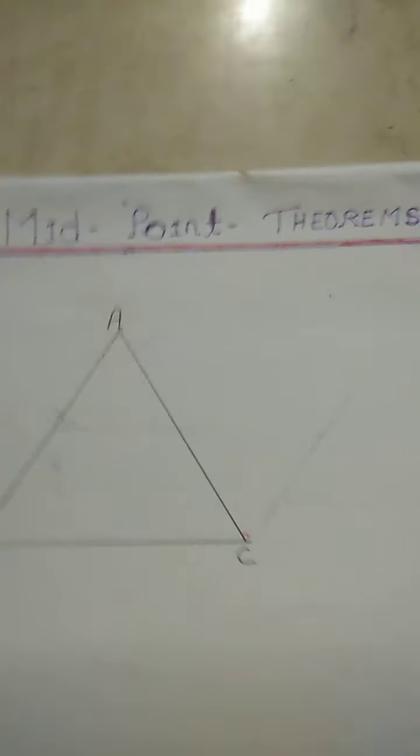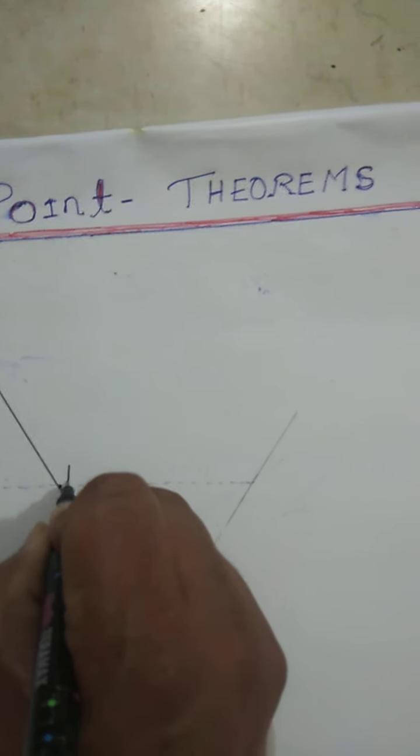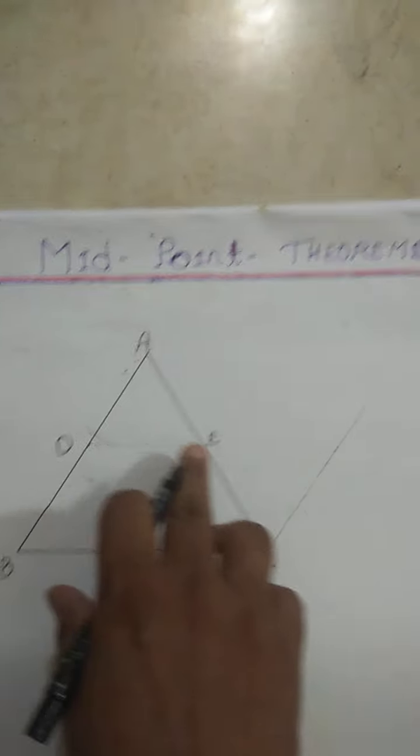Now the statement of the midpoint theorem is: if the midpoint of a side of a triangle, let this be D, the midpoint of side AB, and this is E, so D and E.